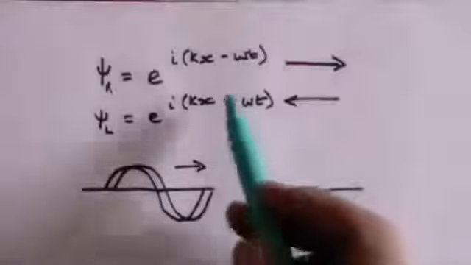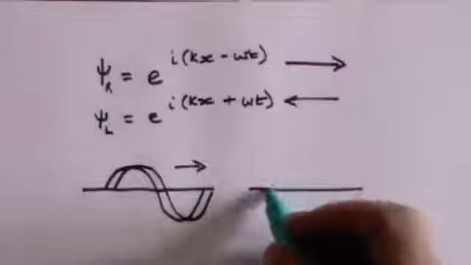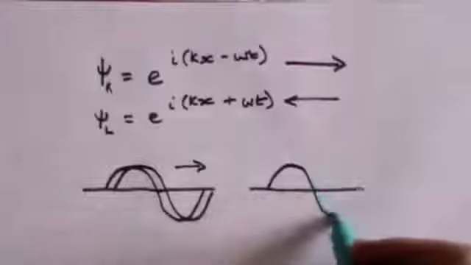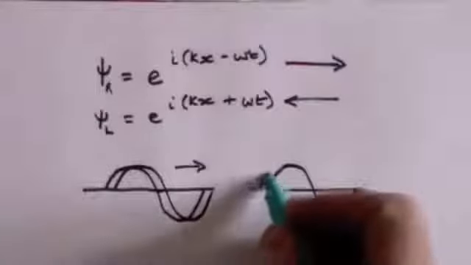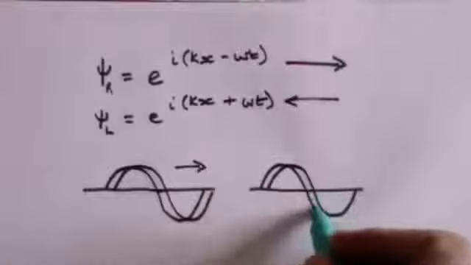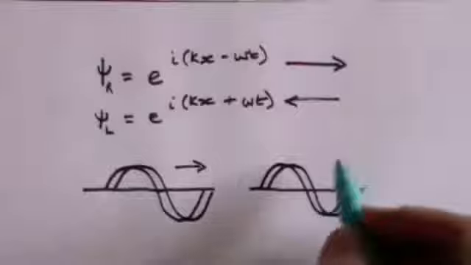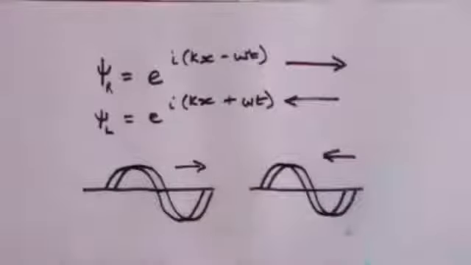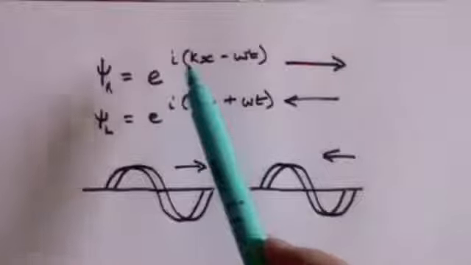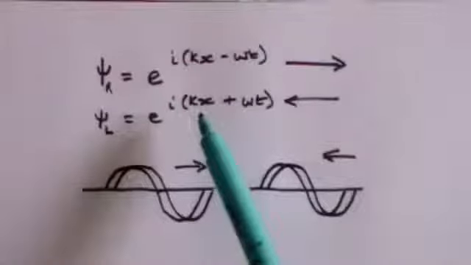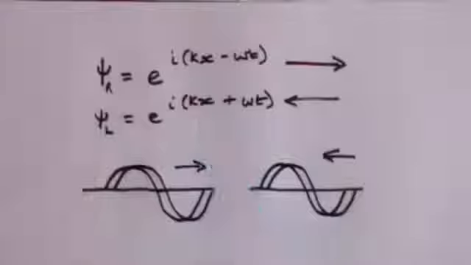Whereas if you take this wave psi left and you plot it at time t equals 0, and then you go delta t later, you'll find that that wave will now be slightly to the left. In other words, it's moved to the left. So this is a wave which in time moves to the right. This is a wave which in time moves to the left.